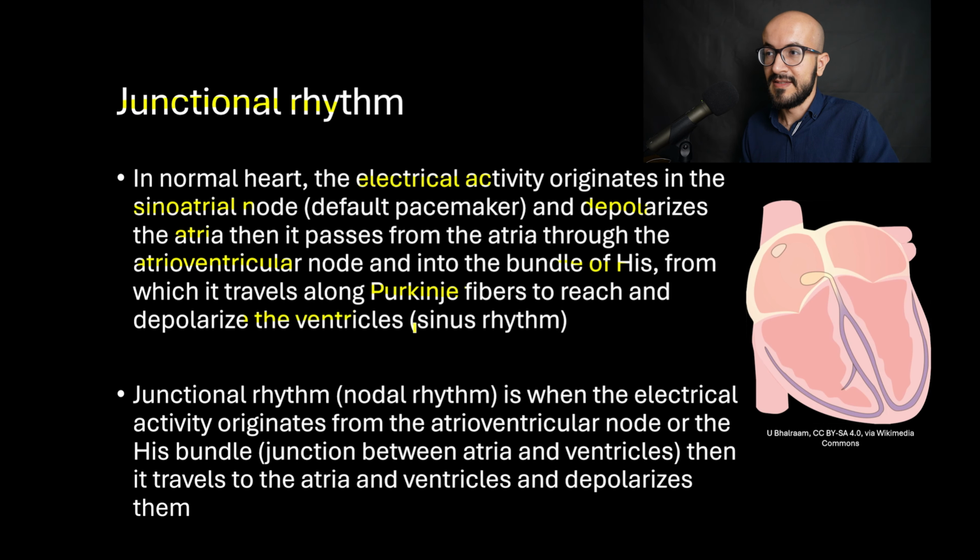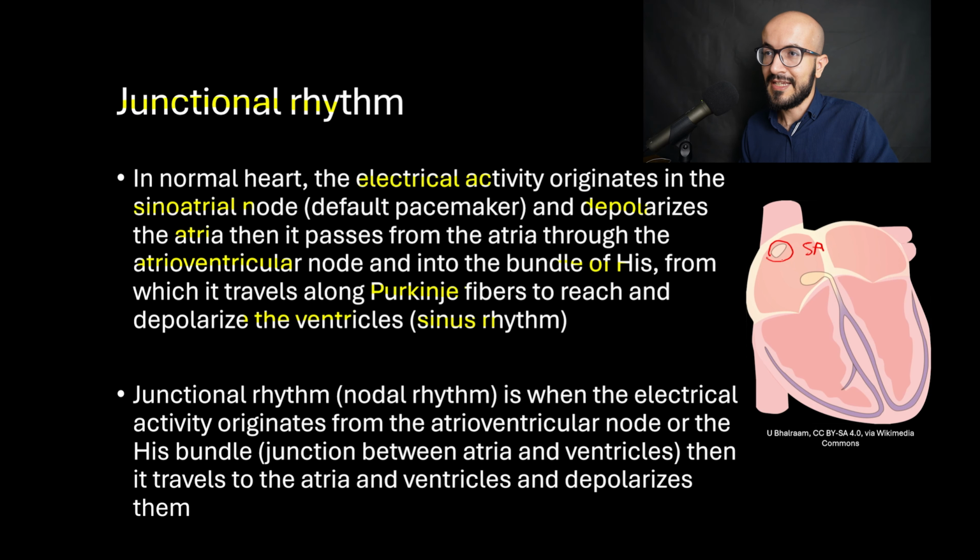And this is the sinus rhythm. So as you can see in this picture here, we have the sinoatrial node, which is the SA node, which is located in the upper right of the right atrium, and it acts as the default pacemaker.